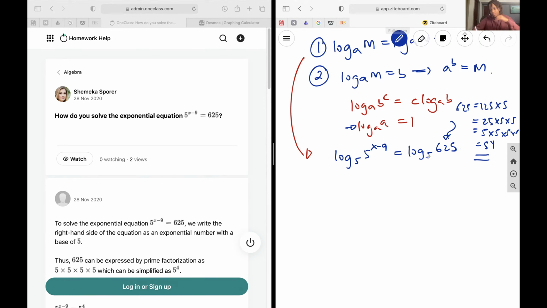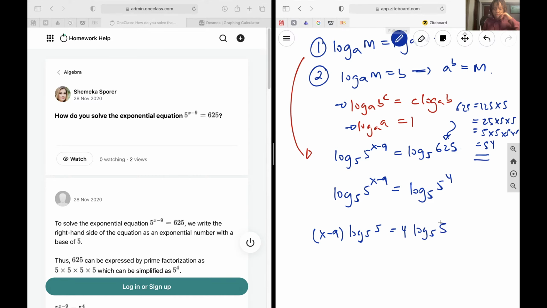And this is if you don't know exponentials quickly off the top of your head, you can just write it out. And so I'll rewrite this as log base 5 of 5 to the power of x minus 9 is equal to log base 5 of 5 to the power 4. Now I'm going to apply this property. So this will become x minus 9 log base 5 of 5 is equal to 4 log base 5 of 5.